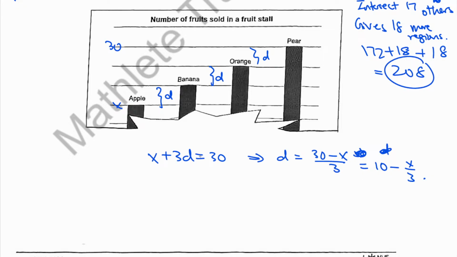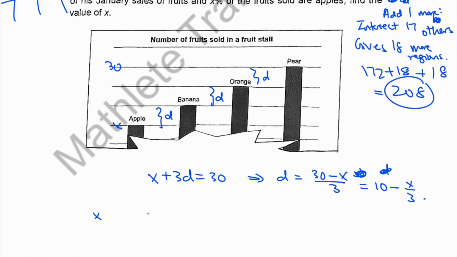So if you have apple is x, banana is x plus d, and then orange is x plus 2d, and pear is x plus 3d, which is equal to 30. Right? Okay, let's just say this is 30.